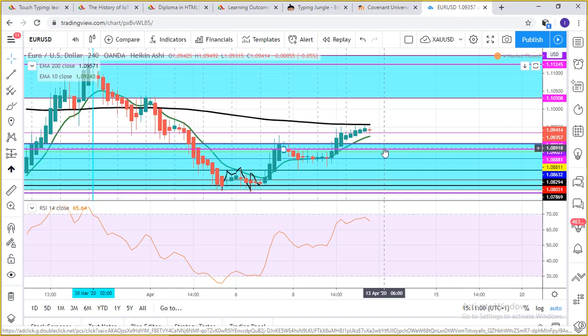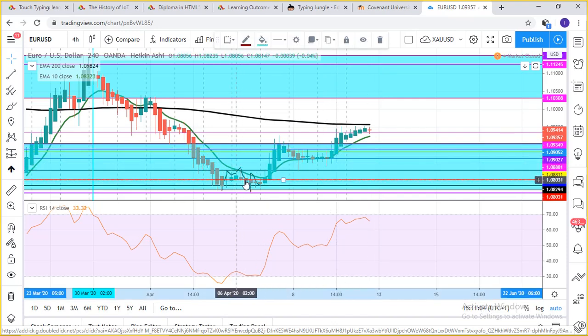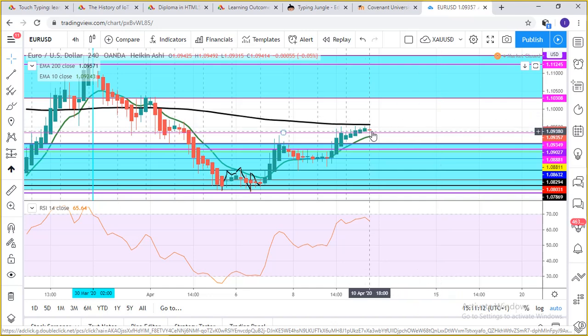I want to repeat again. This is a consolidation zone, which is number 1. This is another consolidation zone, which is number 2. Another consolidation zone is about forming here, which is number 3. We might go higher and form another one here before doing this TP.